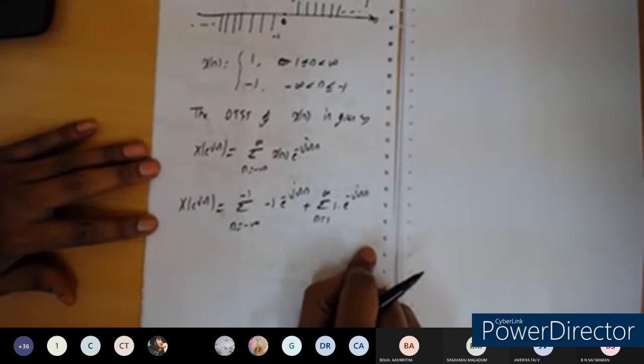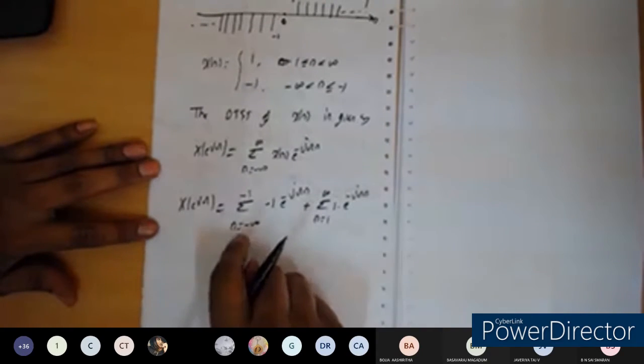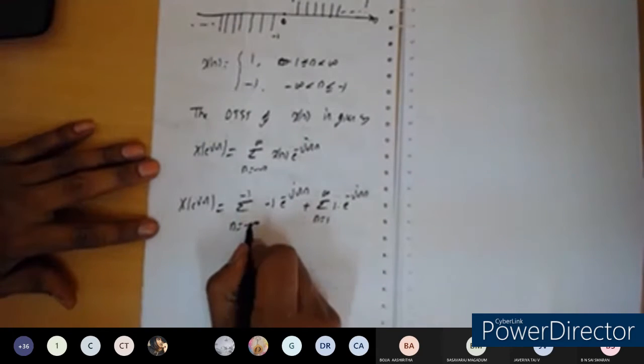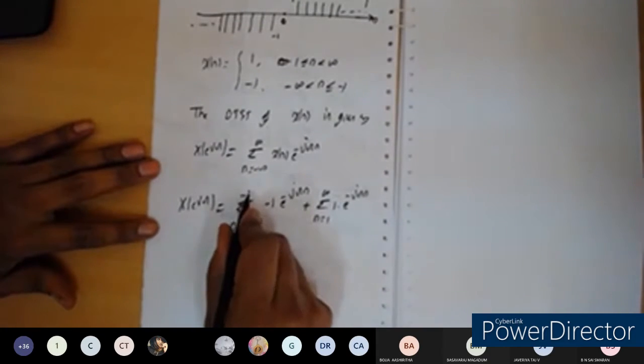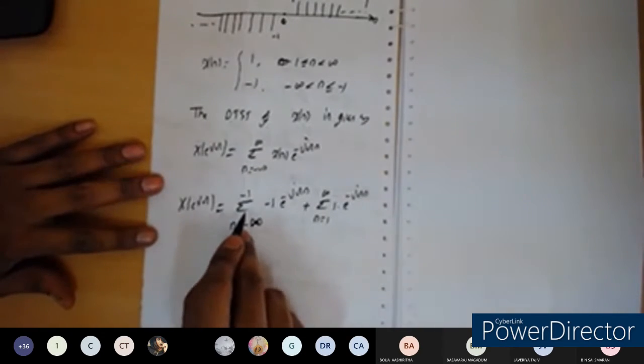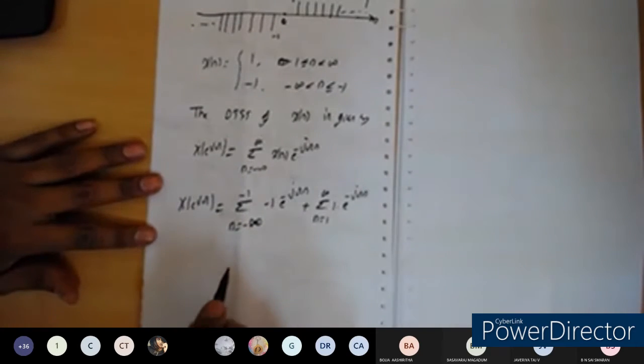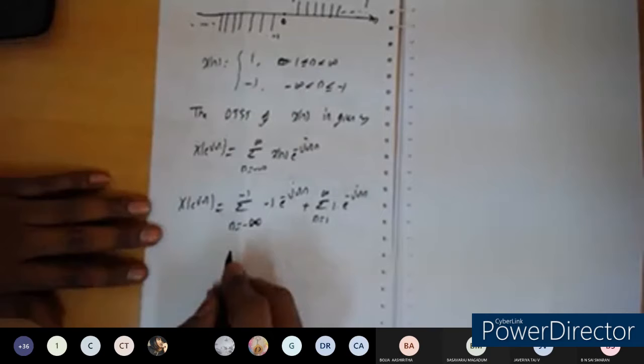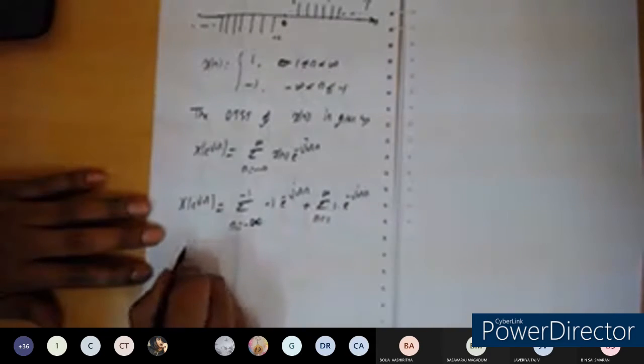Done, right? Now, we don't have any standard formula for a summation starting from minus infinity up to minus 1. So we change n to minus n in the first summation, so that we get the form from n equal to 1 to infinity, and we can evaluate the summation easily. So let us change n to minus n in the first summation.